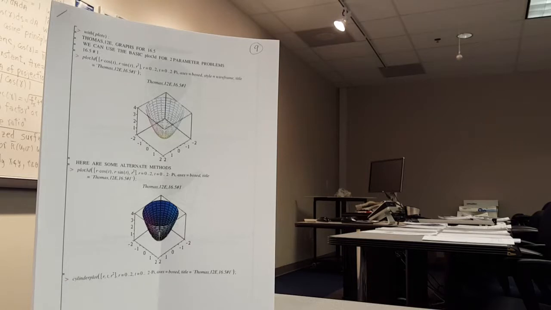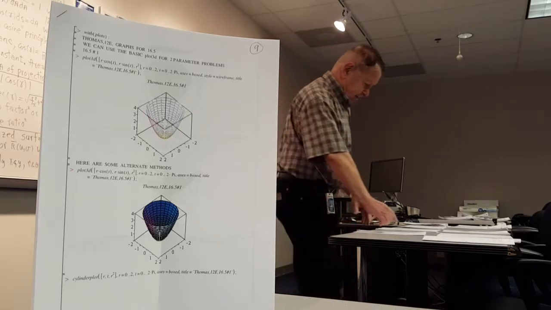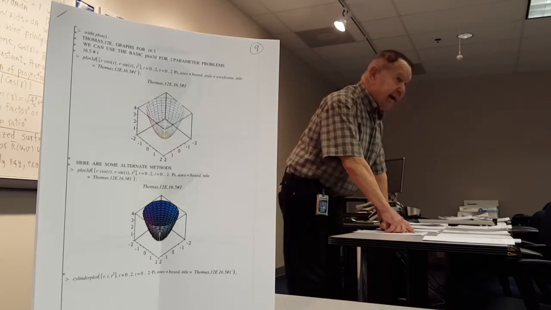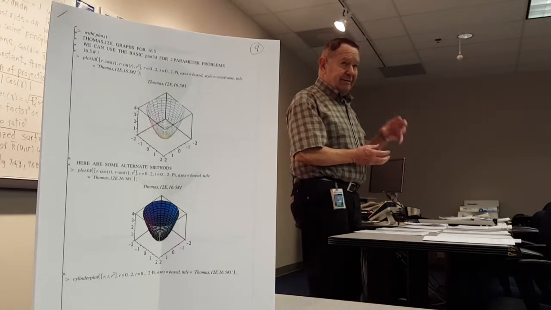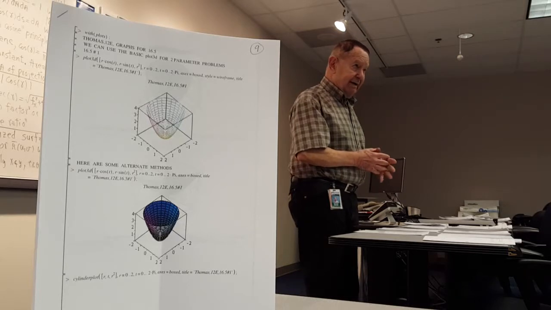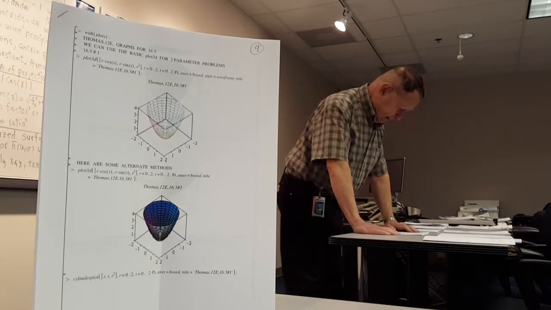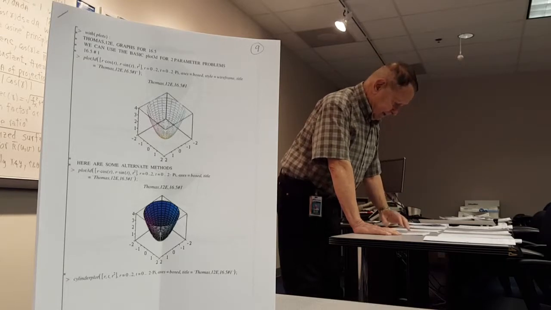If you wanted to use cylindrical coordinates to draw this figure, then you would not use r cosine theta, which is x, r sine theta, which is y, and then say that z is r squared.